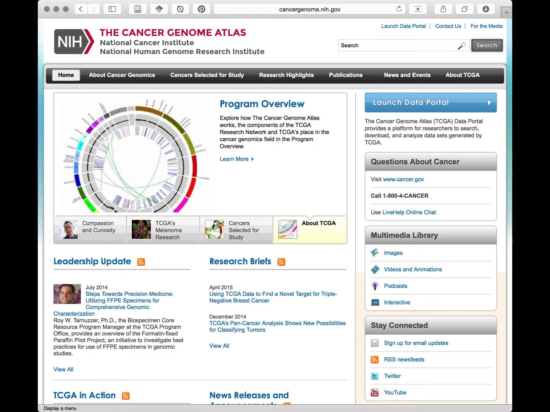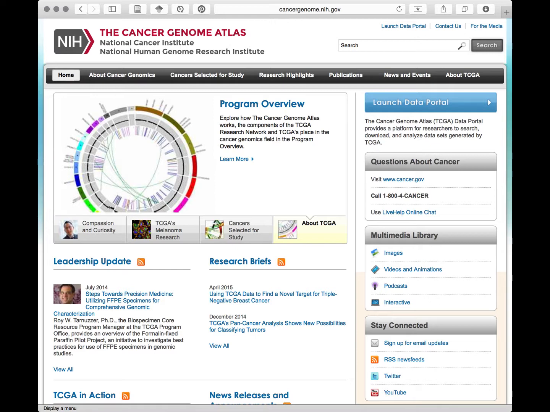The Cancer Genome Atlas is a study that was launched in, I think, about 2006, 2007-ish, something like that. Funded by the NIH, originally by the National Human Genome Research Institute and the National Cancer Institute. And it was a big investment.